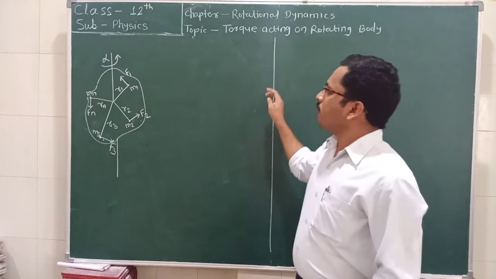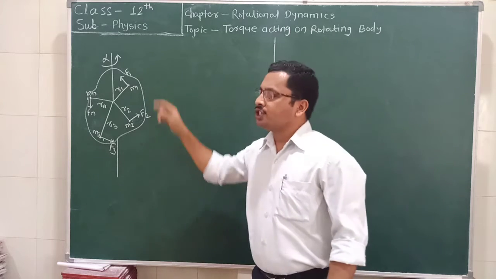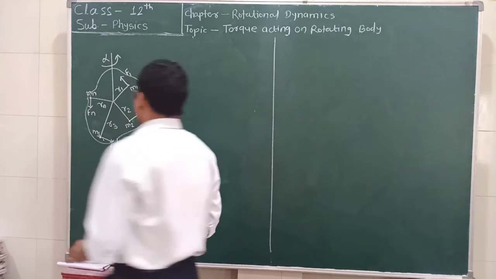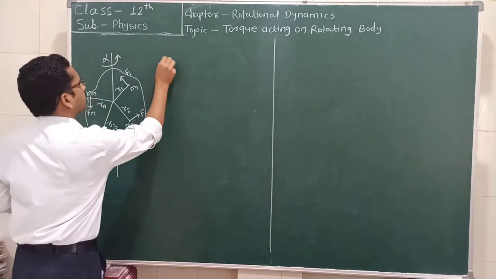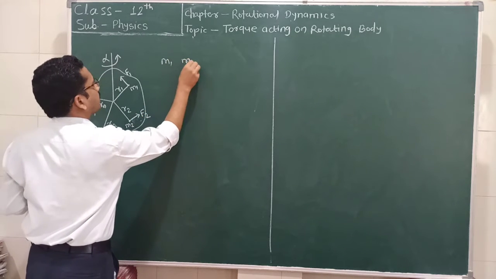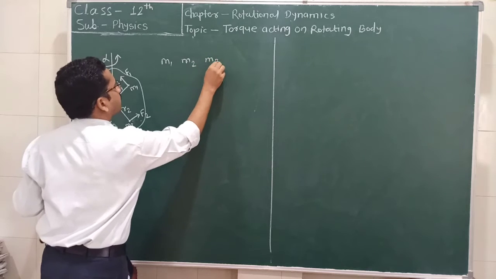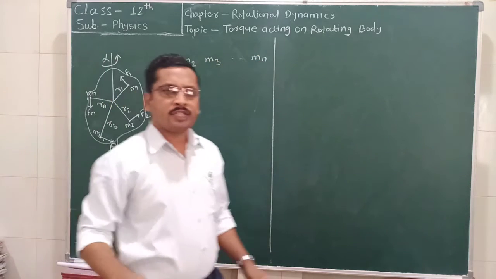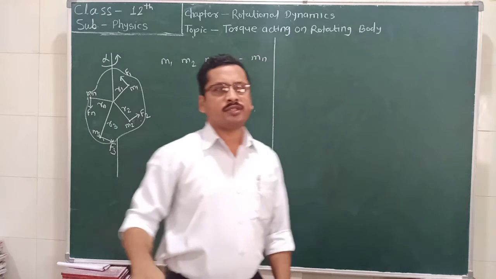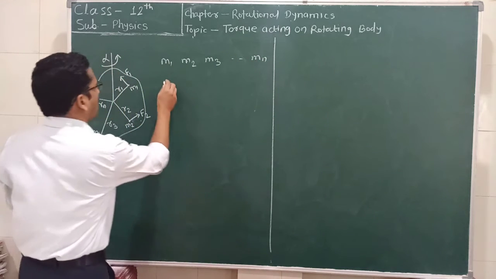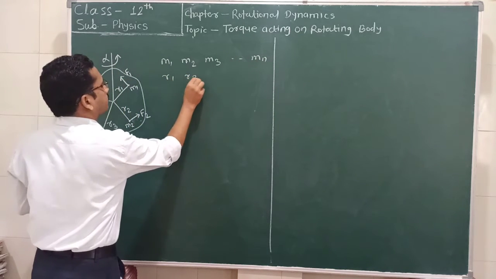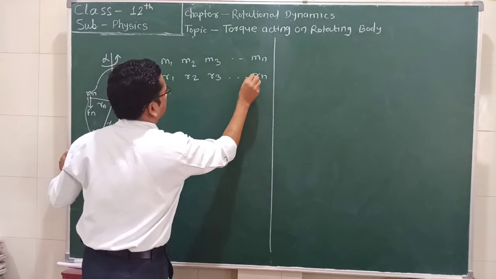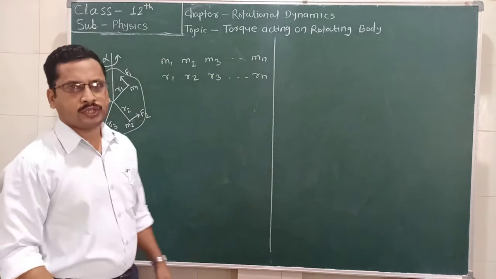Now, for this equation, we consider a rigid body made up of a large number of particles. Consider that the masses of the particles are m1, m2, m3, up to mn, and they are situated at distances r1, r2, r3, up to rn from the axis of rotation.